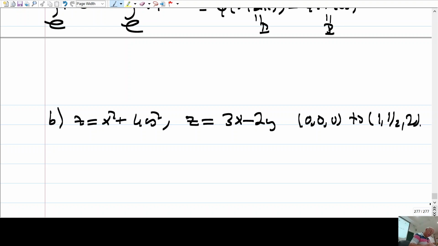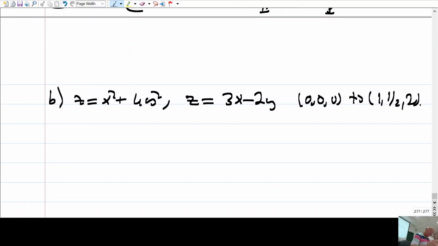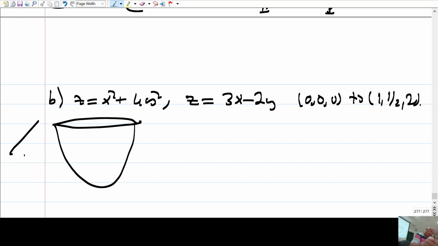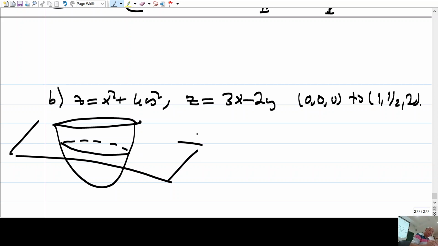Okay, let's see what kind of object is this. So this is a paraboloid, something like this. Okay, and you cut this via some plane. What you should get is some ellipse. Okay, let's see what is that ellipse. So you equate z's, so x squared plus 4y squared is 3x minus 2y.